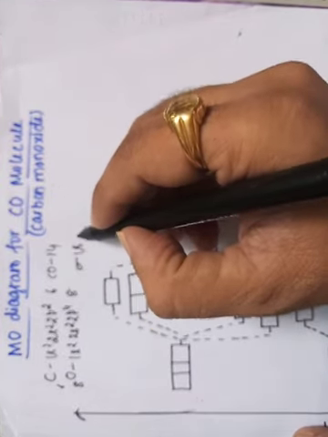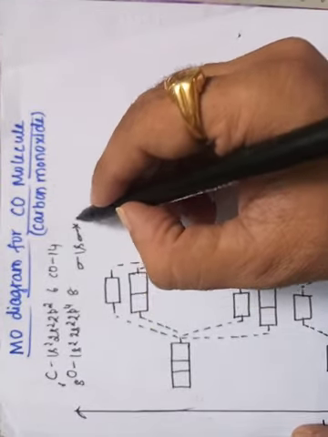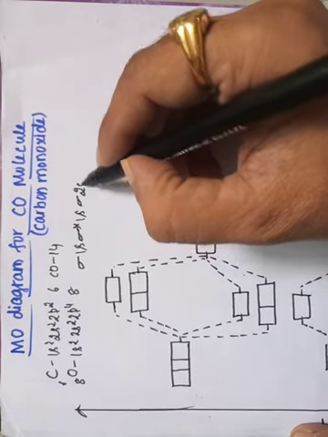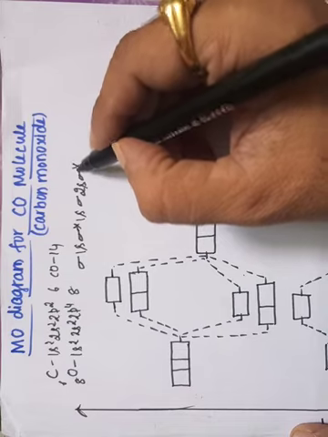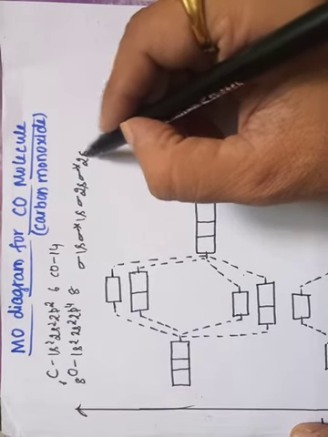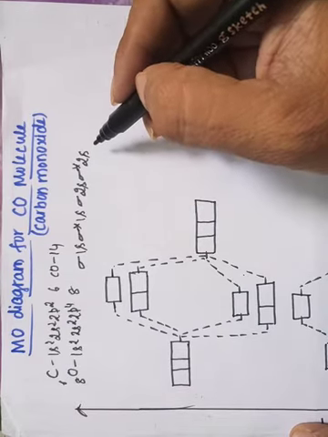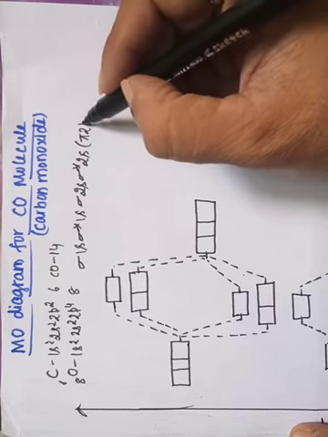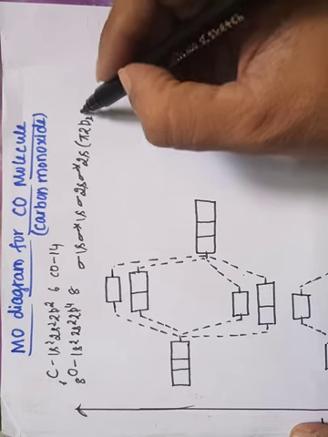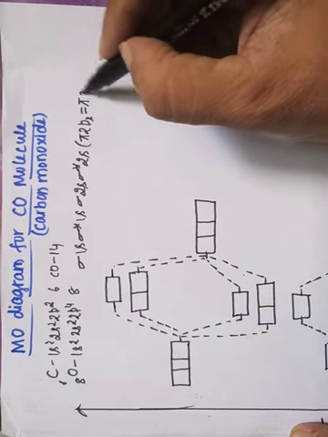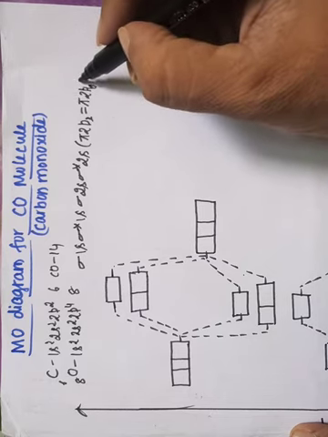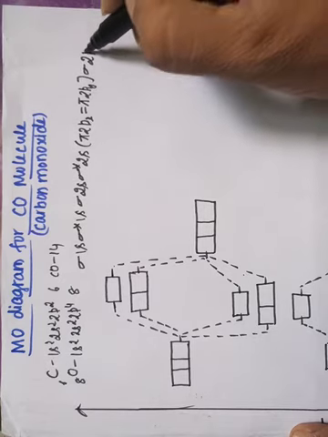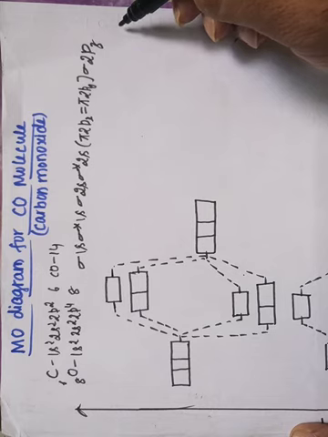sigma 1s, sigma star 1s, sigma 2s, sigma star 2s, pi 2px equal to pi 2py, sigma 2pz.